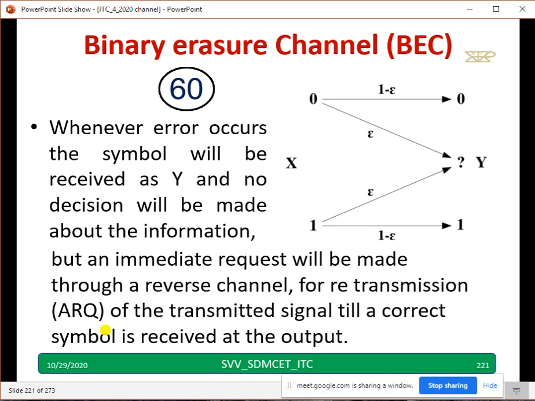Binary erasure channel. A small additional line you have to remember: whenever an error occurs, the symbol will be received as Y, neither 0 nor 1, and no decision will be made about the information, but an immediate request will be made through the reverse channel for a retransmission, ARQ.